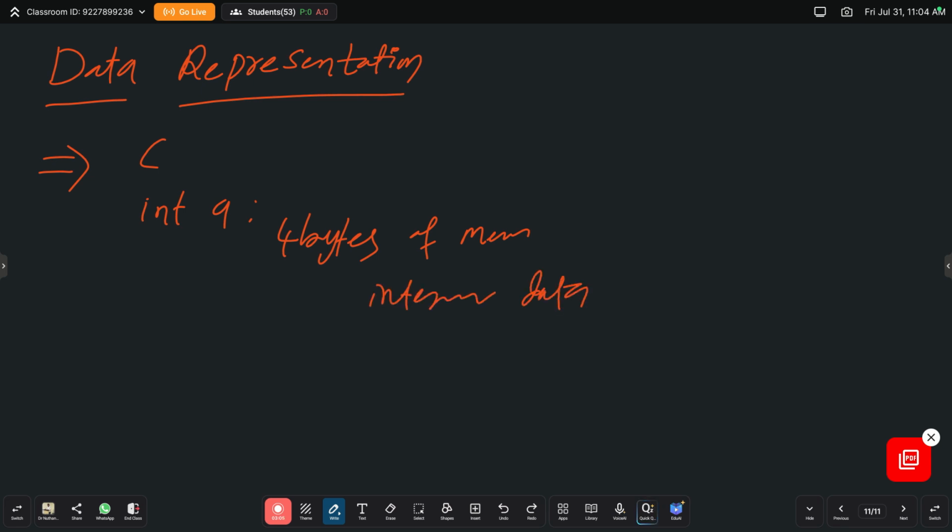This is a defined data structure. Because the structure is very clear, your compiler is requesting the operating system: the data capacity is 4 bytes, and it should store only integer data.